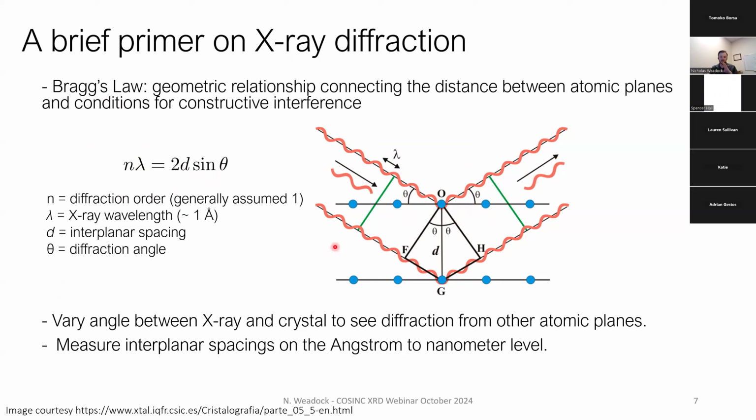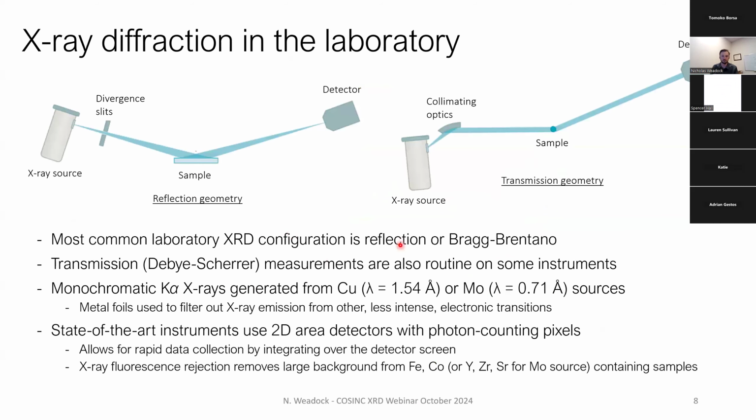And so what you'll do is rotate the X-rays around your sample to probe different planes with different interplanar spacings d. And when our wavelength is on the order of 1 angstrom, we're measuring interplanar spacings on the angstrom to nanometer level in your material.